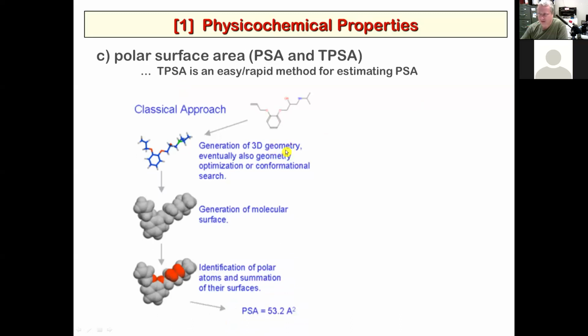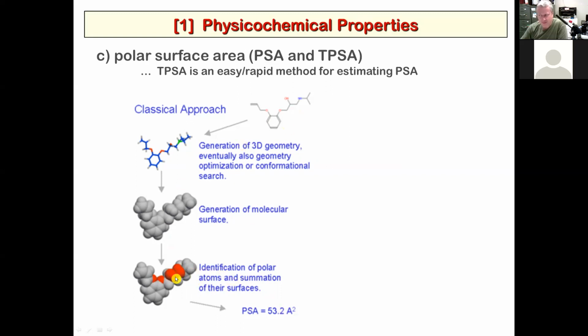So kind of the old way, you had a drug, the old PSA way, you'd turn it into a three-dimensional molecule, a three-dimensional shape, and then create a molecular surface of the three-dimensional structure, and then identify the polar atoms and summarize them.